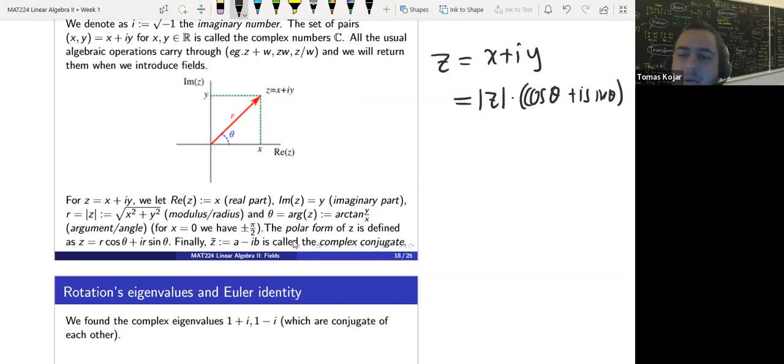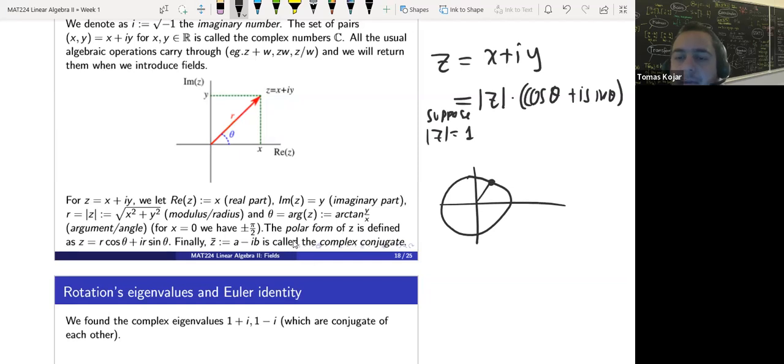So why is that possible? Suppose z has norm 1. Then it means it's somewhere on the unit circle, like over here. So this is |z| equal to 1.